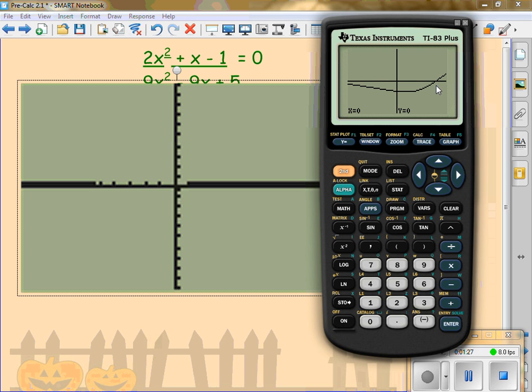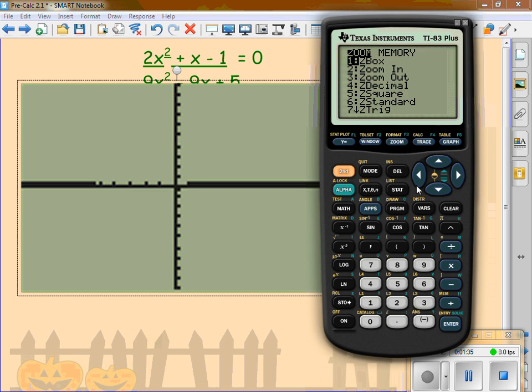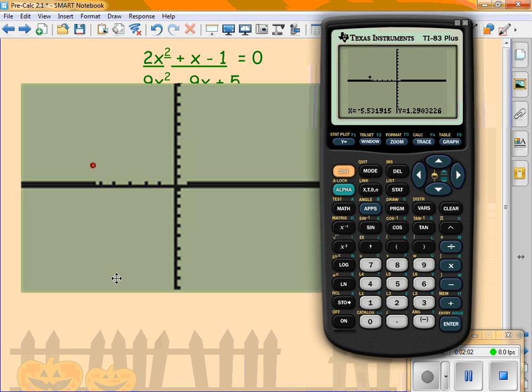There's a slight problem. How many zeros should there be? Two. There's one here and one here. I want to keep them in one window, so I want to go back to what I had, back to my flat line. What's the only part I really care about? The missing part. Zoom Box. Go to the left and a little bit above, putting my cursor right here. I press enter.